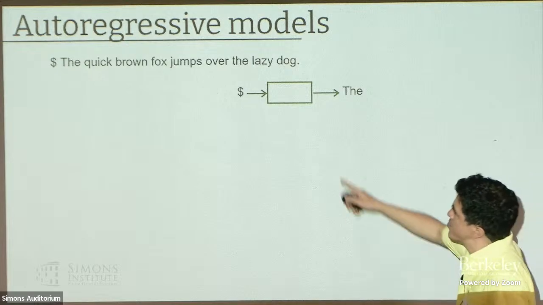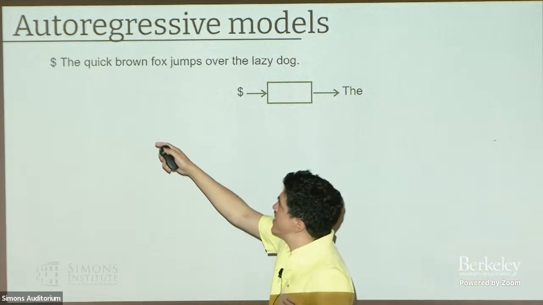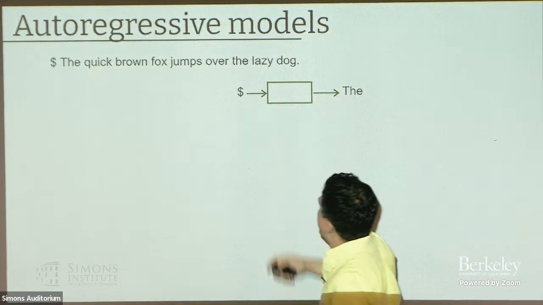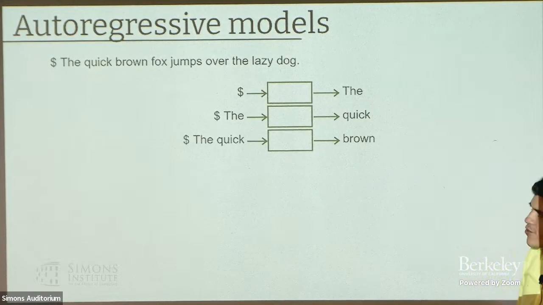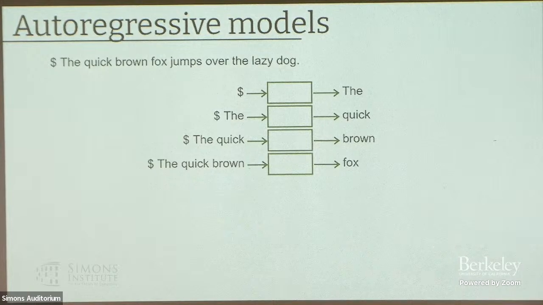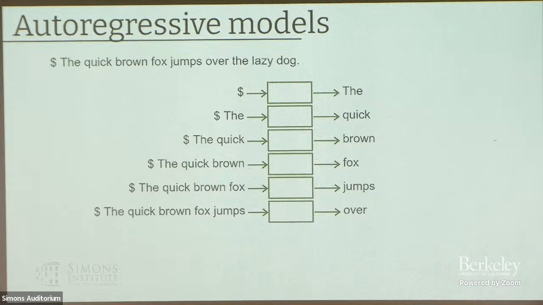And you're training this model so that given a sequence of tokens, it is going to produce the most likely next token in the sequence.